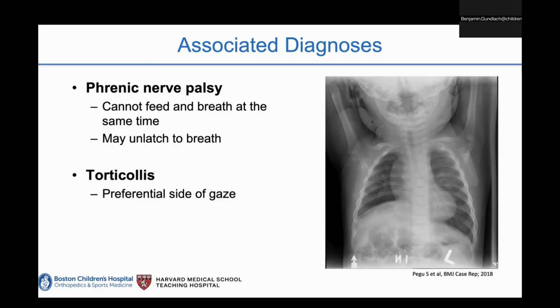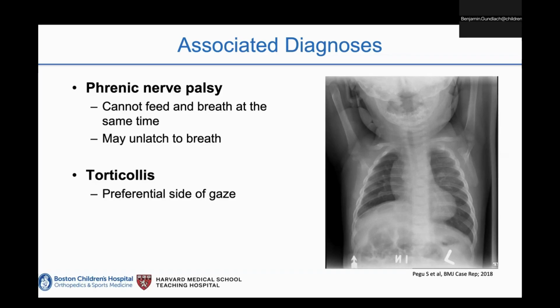A phrenic nerve injury, either in isolation or associated with a brachial plexus birth injury, may have a child that still oxygenates fine and doesn't seem to have increased labor of breathing until they do things like eat, and then can experience a phenomenon where they almost need to stop eating to take a breath, and may unlatch and breathe heavily. And so it's important to ask parents or caregivers about this and have a high suspicion if they do voice concerns.